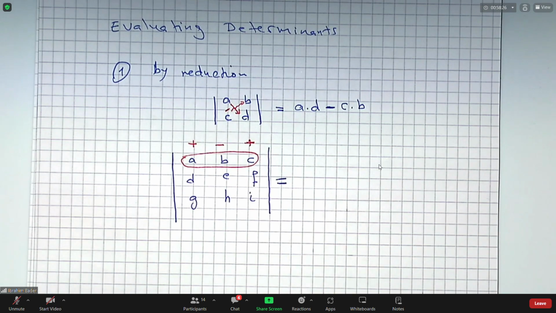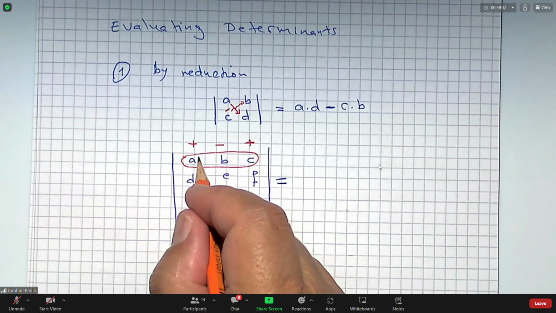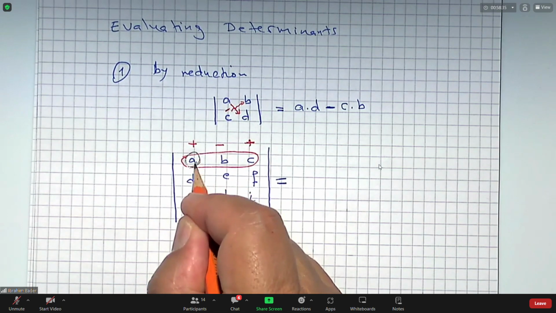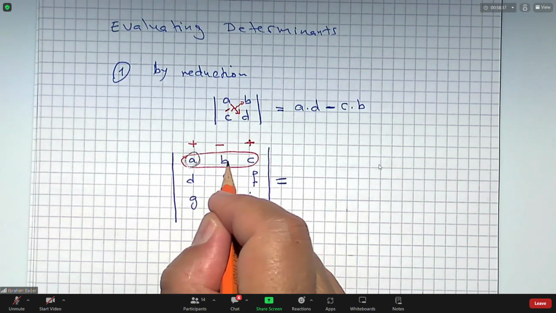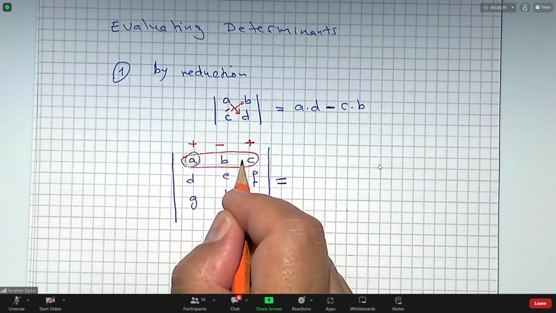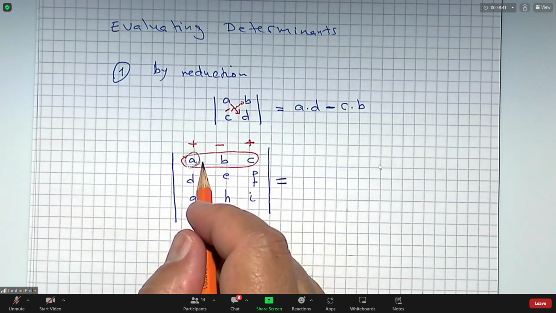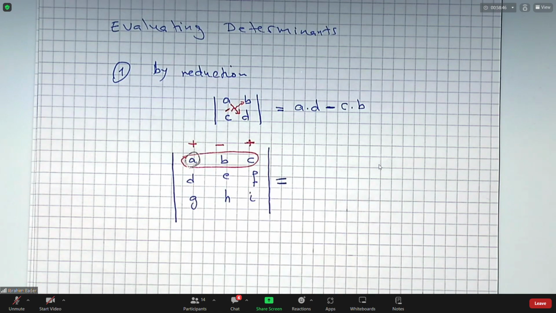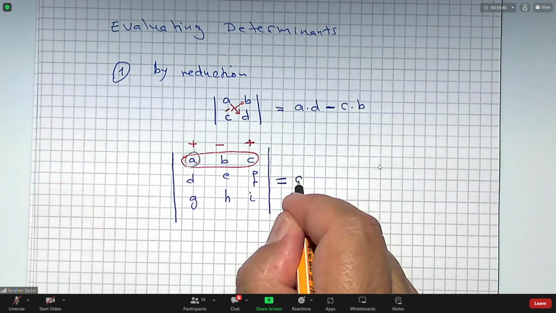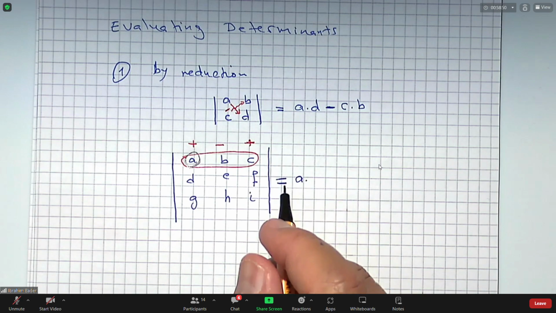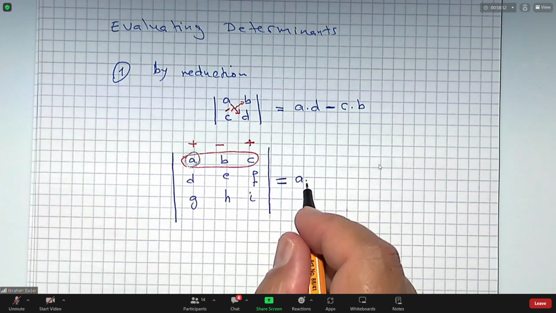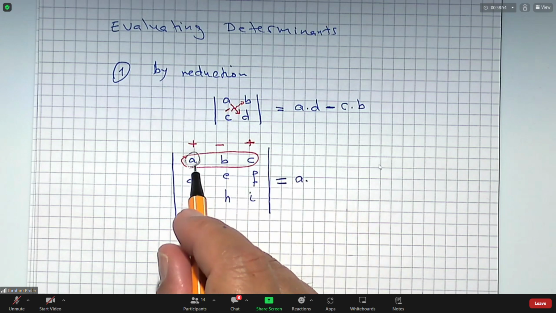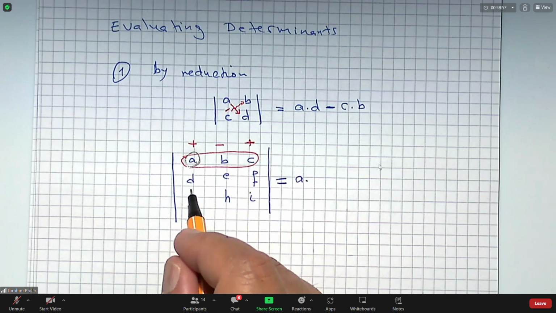Now, what's Leibniz rule saying? That's why it's called reduction or recursive. It says we take this element here, A, the first element. So we will be picking up elements along this row that we will be evaluating accordingly. We take this A, okay? Then we multiply it with the determinant that will remain after eliminating this row and column where A is located.